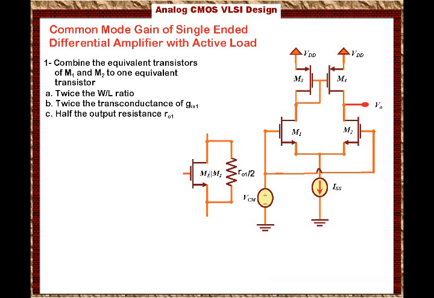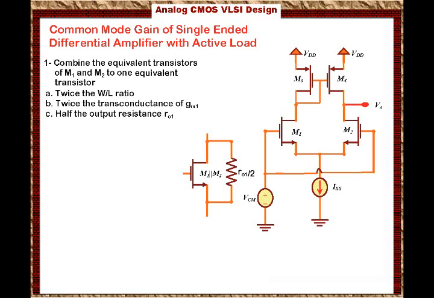We can redraw the circuit such that the two transistors M1 and M2 are one equivalent transistor. This equivalent transistor has twice the W/L ratio, which means twice the transconductance gm1, and it will have 1/2 the output resistance RO1. Remember, RO1 and RO2 are the same because they are in parallel. That means they will have half the resistance.